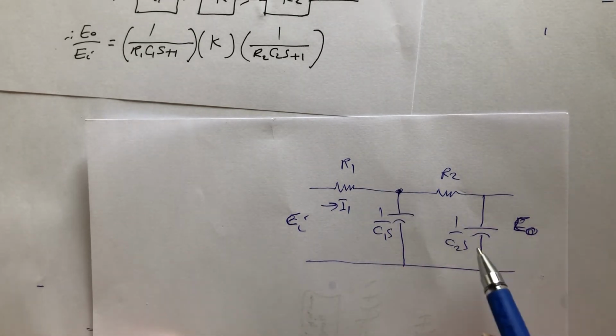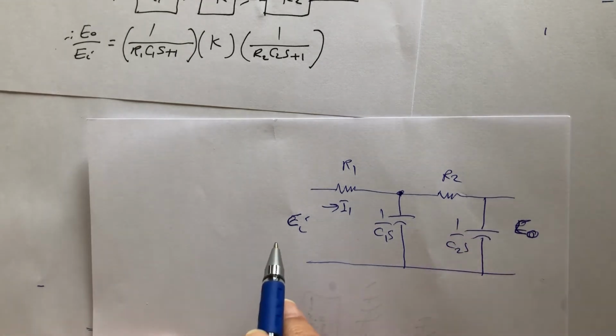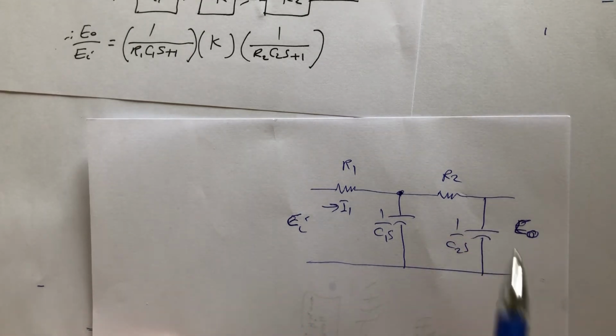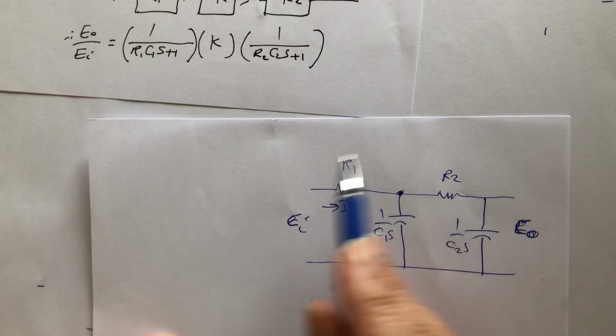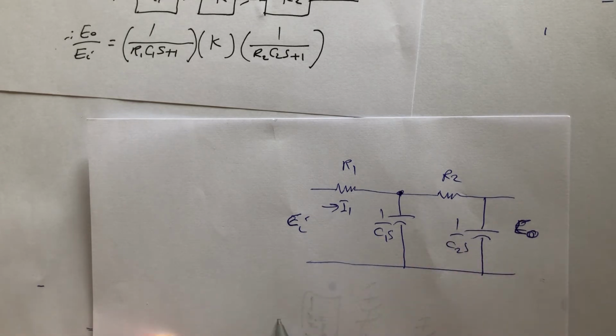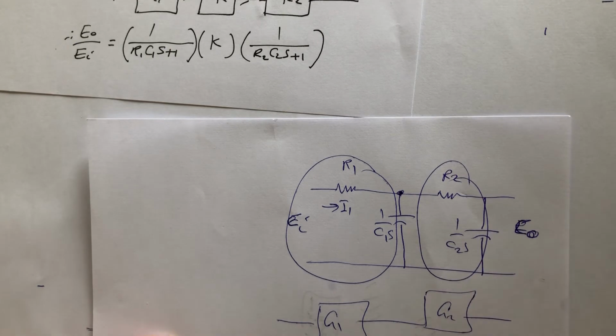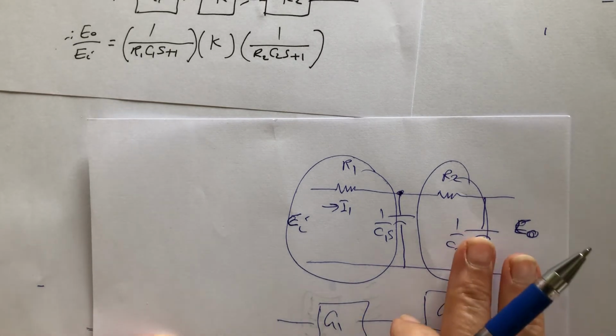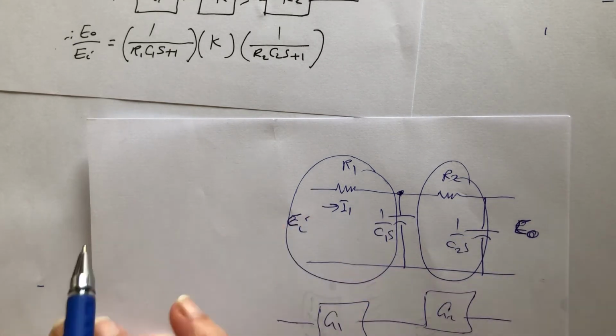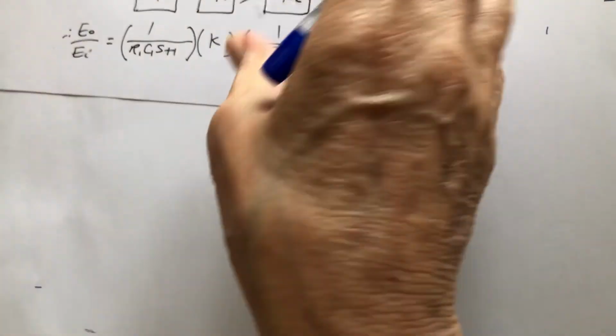You will see the effect of this part over this part. So I cannot say that the transfer function is G1 due to this and G2 due to this. Why? Because this has an effect on that one.